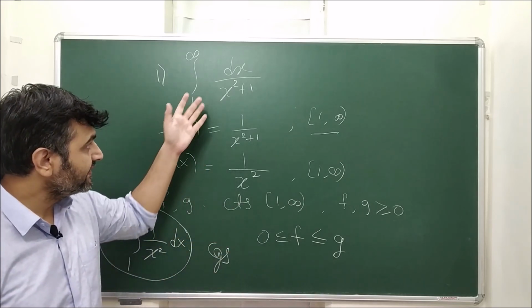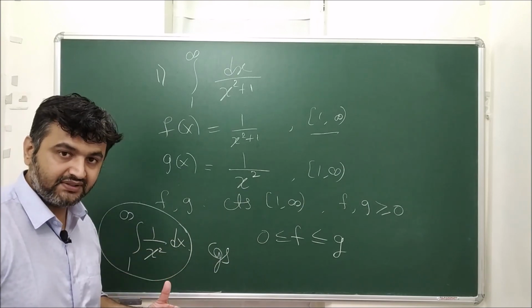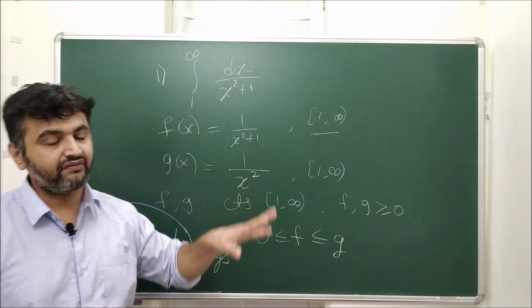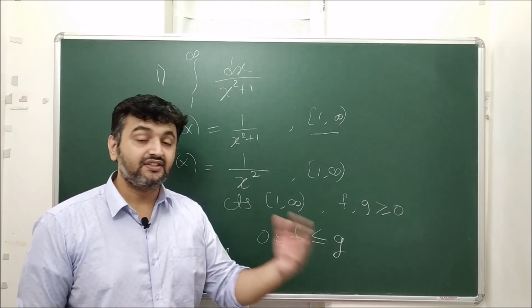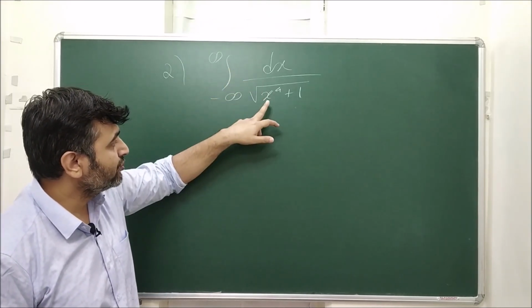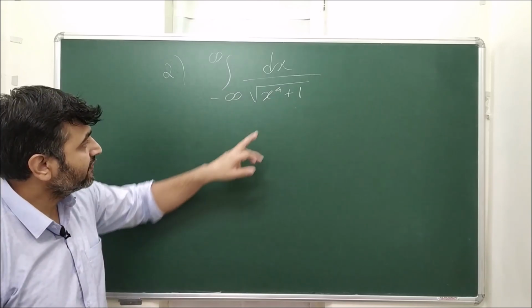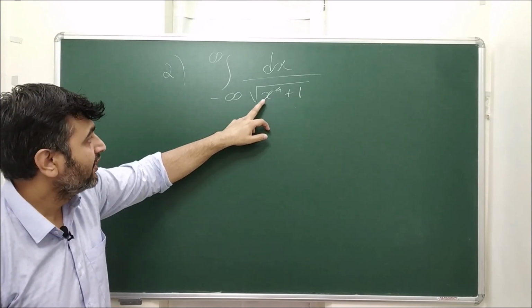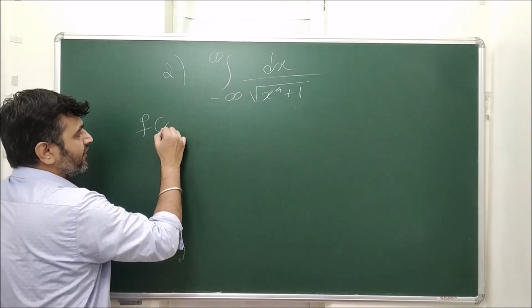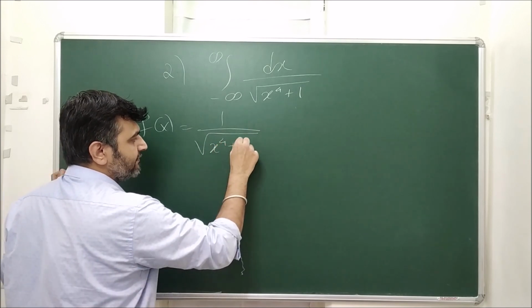So that's how comparing this with some nice function whose nature you know helps us to determine the nature of the given integral. Okay, let's go for the second one. So you have minus infinity to infinity dx upon root of x raised to 4 plus 1. Now here you can say your function is an even function because what is your f of x over here? Your f of x is 1 upon square root of x raised to 4 plus 1.